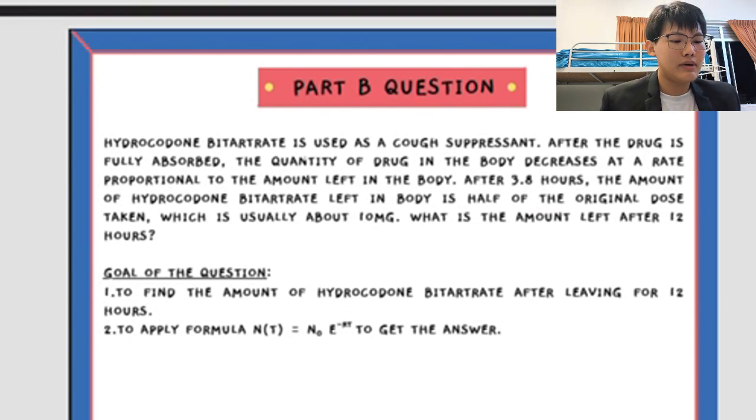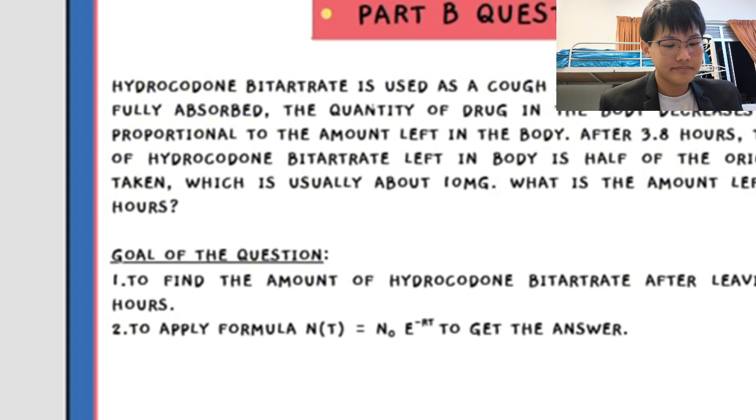What is the amount left after 12 hours? The goal of this question is to find the amount of hydrocodone bitartrate left after 12 hours by applying N(t) equals N0 multiplied by the exponential with power negative RT.